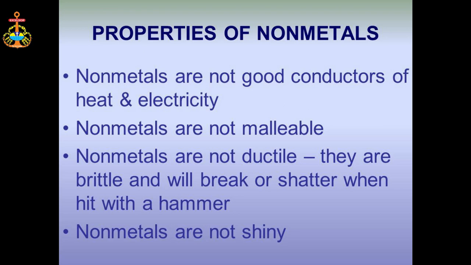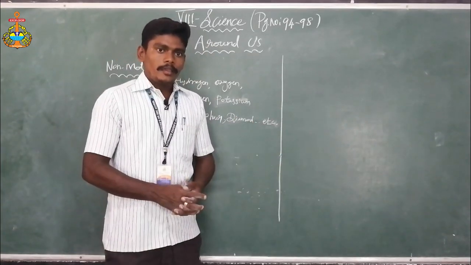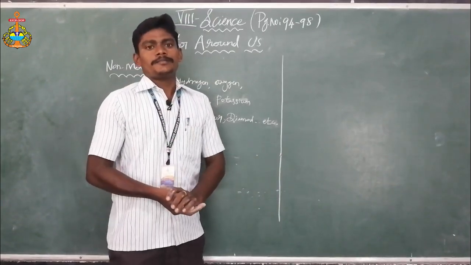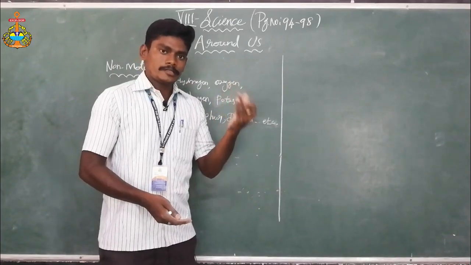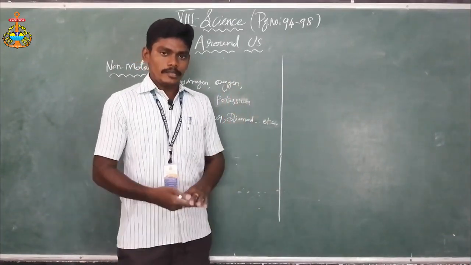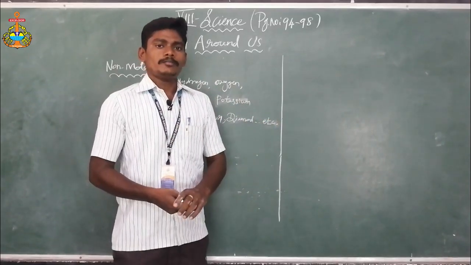Next one is non-metals. The non-metals are hydrogen, oxygen, nitrogen, potassium, sulfur, diamond, etc. Their physical properties are different from those of metals. Metals are hard, very shiny, have a high density value, and a high melting and boiling point.